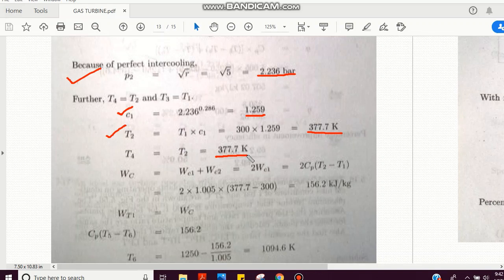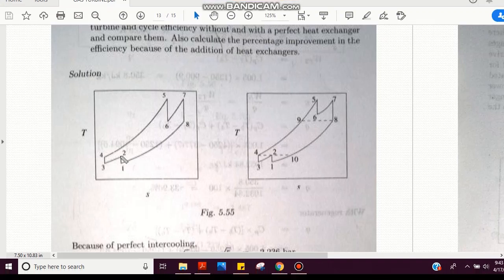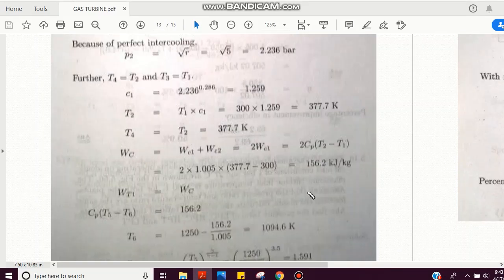Now the compressor work. There are two compressors present, so we can write WC1 and WC2, the work of these two compressors. Since 1 2 and 3 4 are the compression processes, and since 1 and 3, and 2 and 4, are at the same temperature, we can simply write the value of WC equals 2 into Cp into (T2 minus T1).